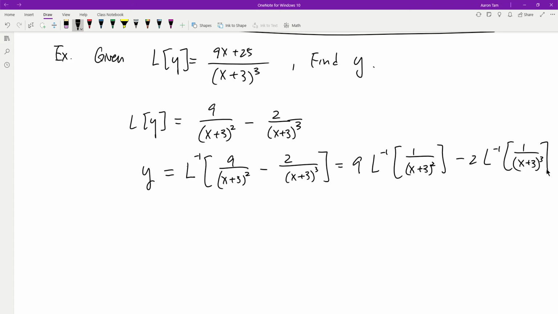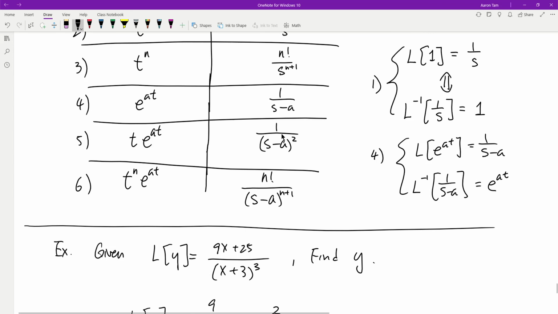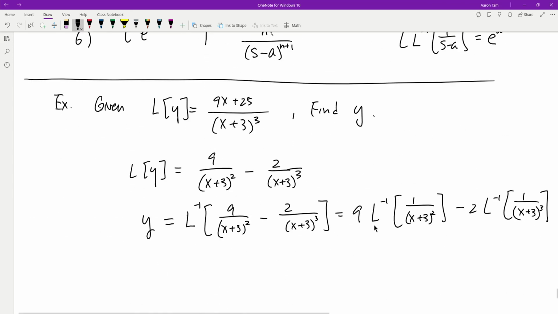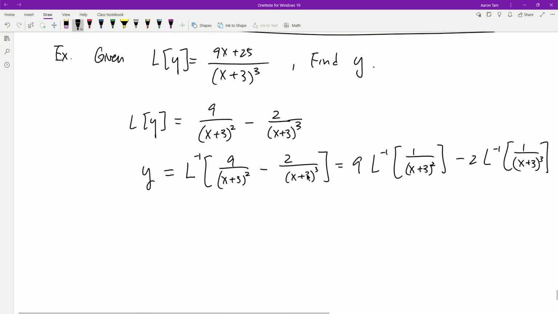So now it's just a matter of figuring out what to do with these two. If you look at what's inside the inverse Laplace, notice that they look like formulas 5 and 6. As a matter of fact, the square looks exactly like 5. So we can use that.